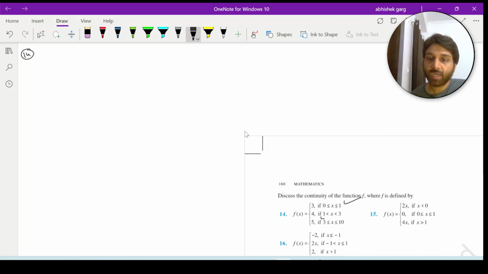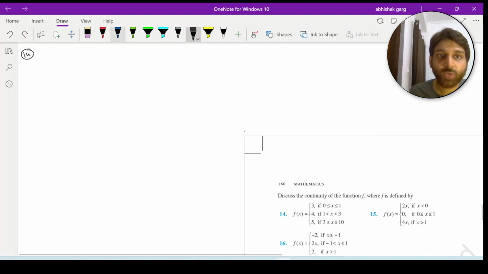So 1 is appearing in both of these inequalities, so we must check whether the function is continuous at x equal to 1. Similarly, we can see 3 here and 3 here, so we should also check whether the function is continuous at x equal to 3 or not. In such questions, always find out whether or not the function is continuous at that value of x which is appearing in two inequalities.